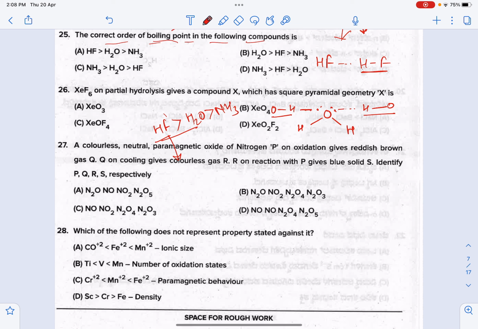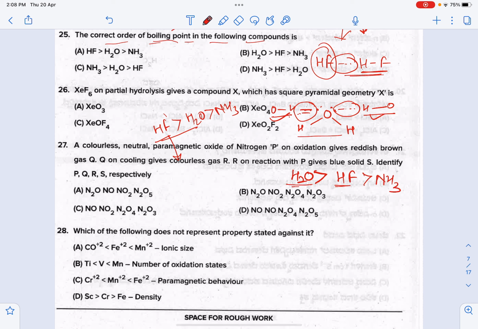This is the hydrogen bond. There will be two hydrogen bonds: this water molecule is connected with two other water molecules, and this HF is connected with only one hydrogen bond. So H2O will be more stable than HF. The boiling point of H2O will be more than HF, and then NH3.